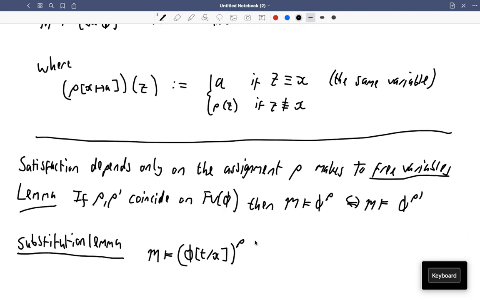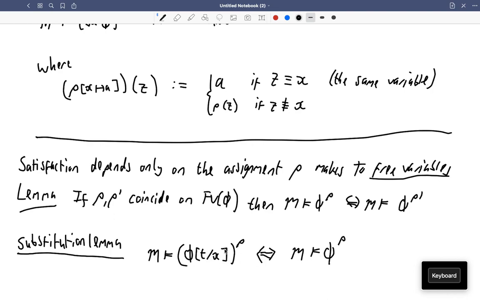The lemma says there's a simple and very intuitive formula: this holds if and only if the formula phi holds in the structure M, not in the environment rho, but rather in the environment where we've changed the variable x.